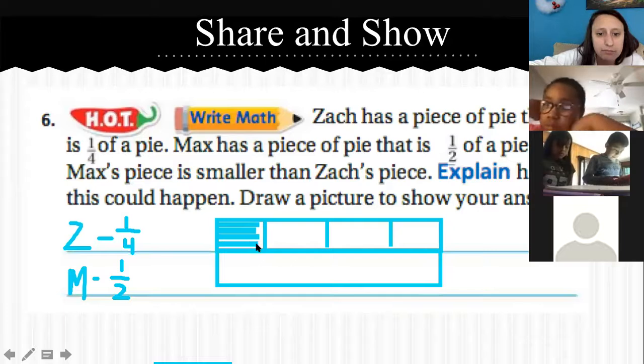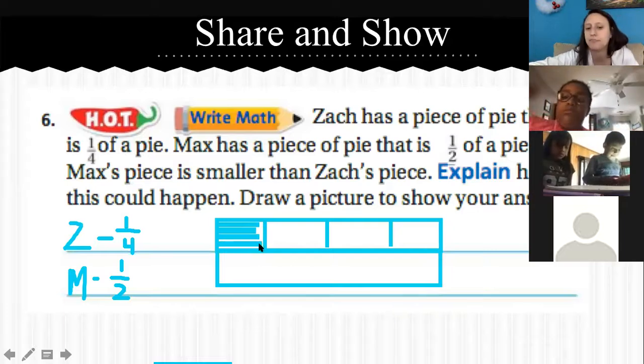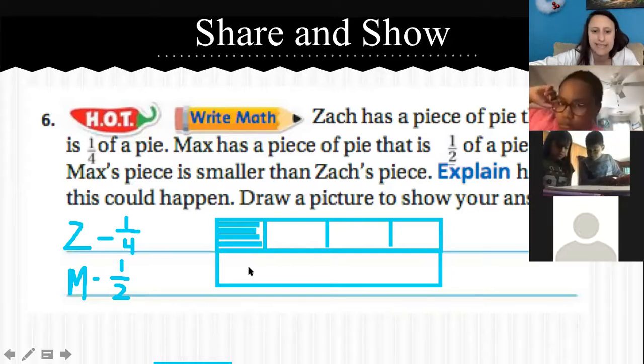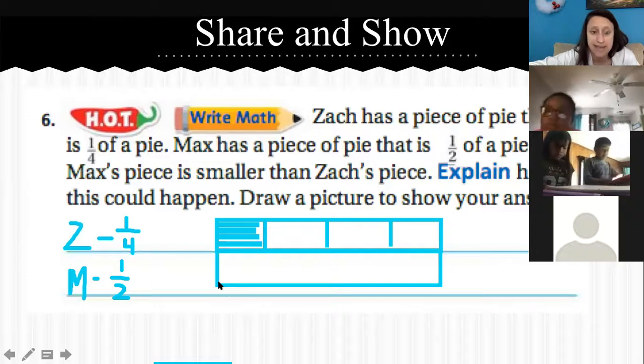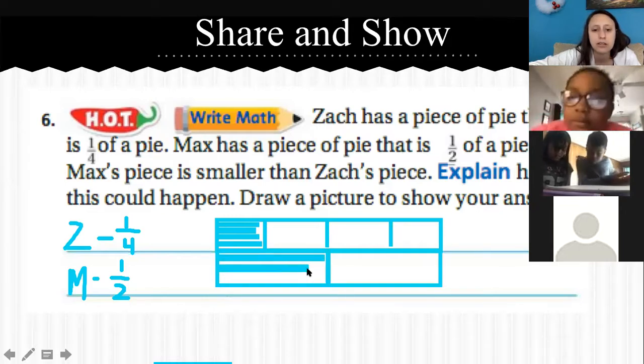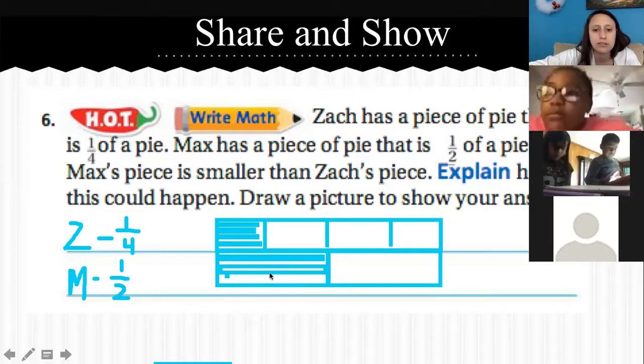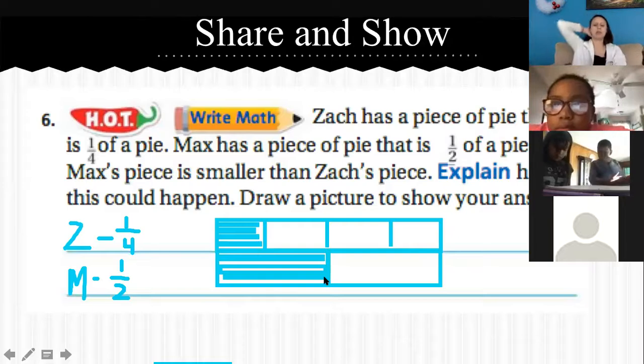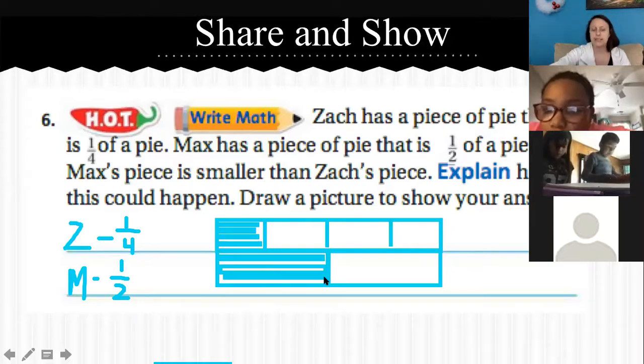Right? That's his. And then Max only had 2 pieces originally in his pie, and this is what he ate. Right? Okay. So, if their pies were the same size, is this true?